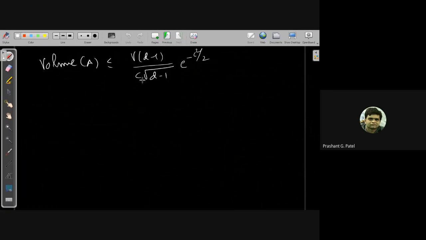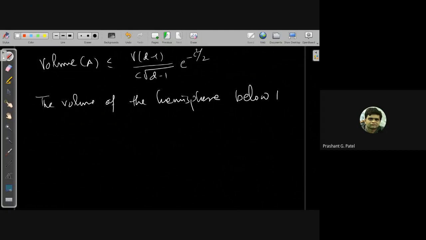So the hemisphere, what we can note is the volume of the hemisphere below the plane x1 equal to 1 upon square root of d minus 1.